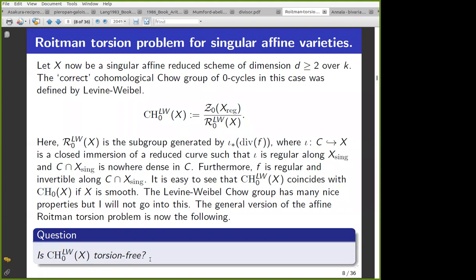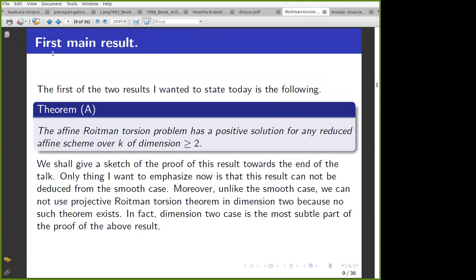This is called the affine general Roitman torsion problem. So this is a question. And the first main result today is the following, Theorem A: the answer is yes, that the affine Roitman torsion problem has a positive solution for any reduced affine scheme of dimension at least 2.